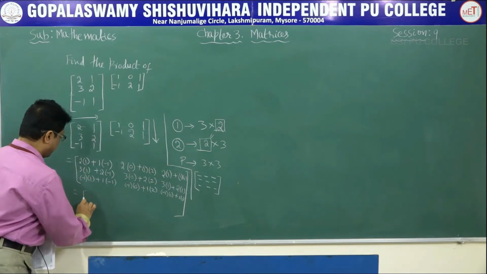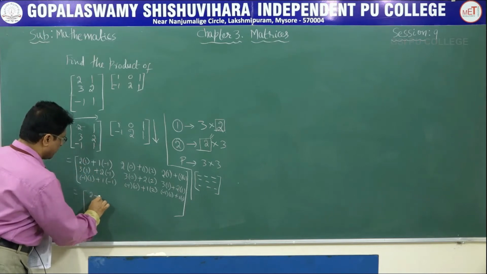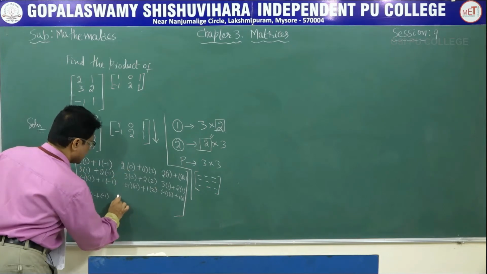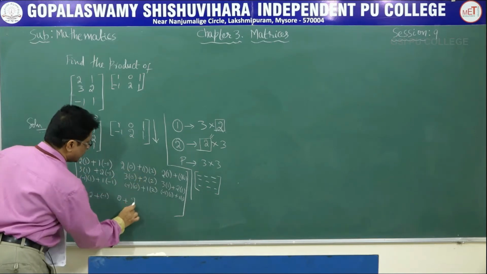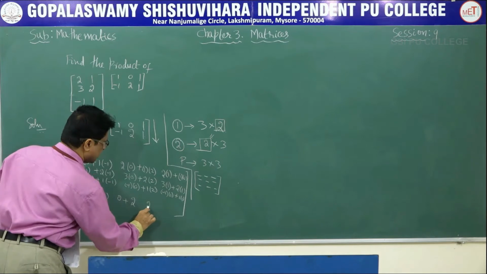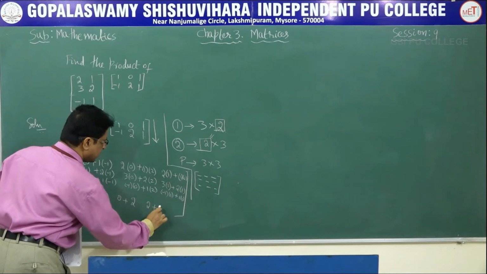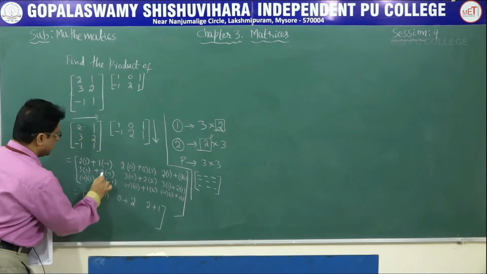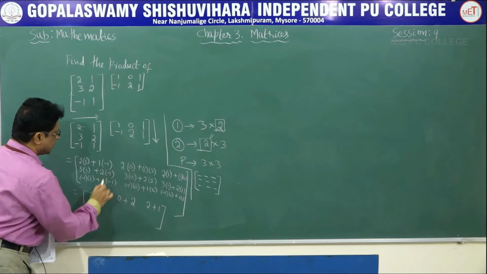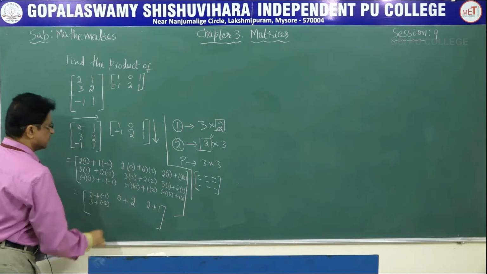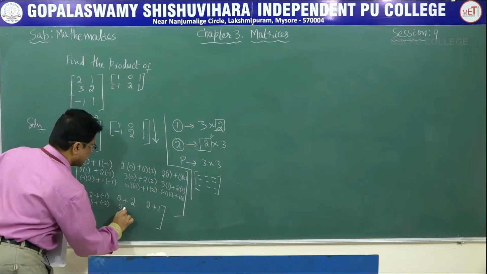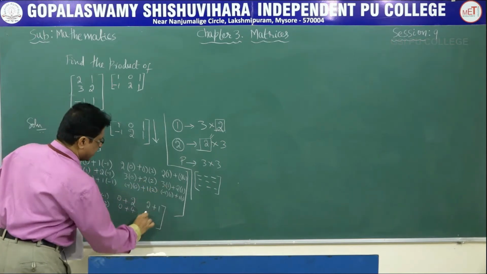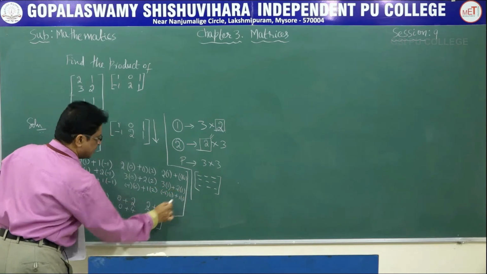So we have 2 plus 1 into minus 1, minus 1; 2 into 0, 0 plus 1 into 2, 2; 2 into 1, 2 plus 1 into 1, 1. 3 into 1, 3 plus 2 into minus 1, minus 2; 3 into 0, 0 plus 2 into 2, 4; 3 into 1, 3 plus 2 into 1, 2.